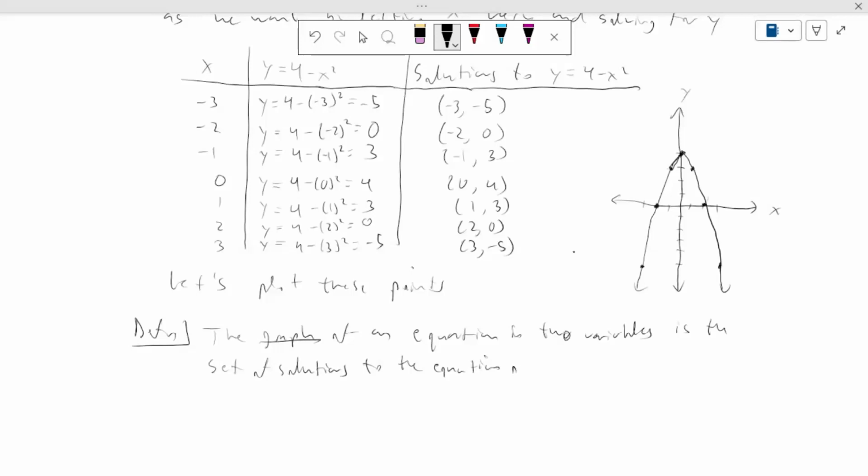And so how do we find it? By plotting points and connecting the points with a smooth curve.